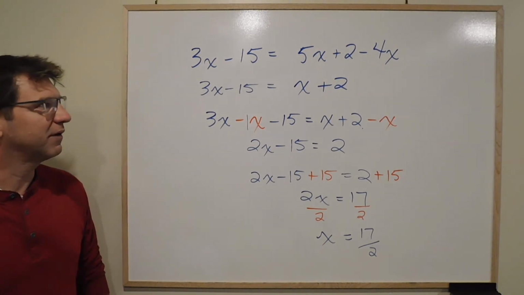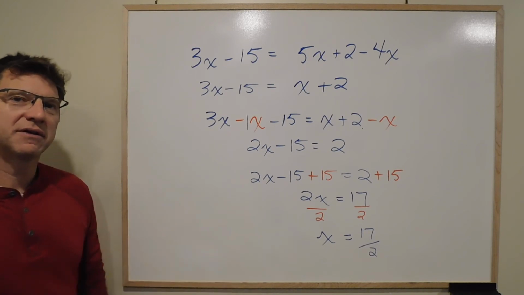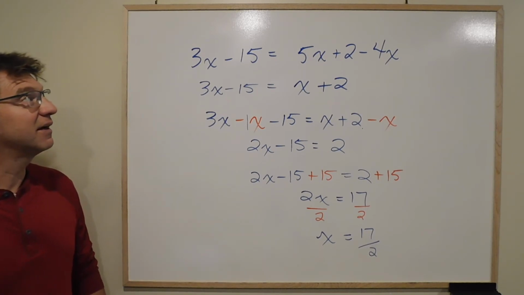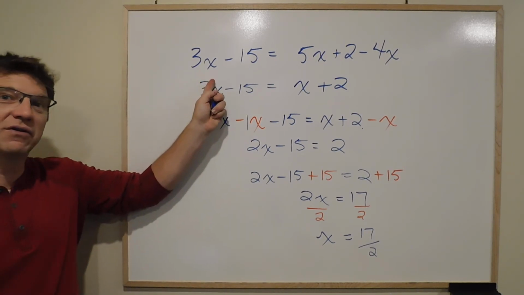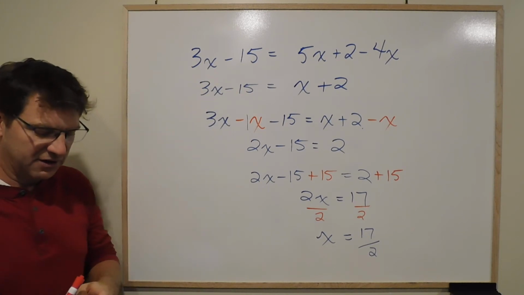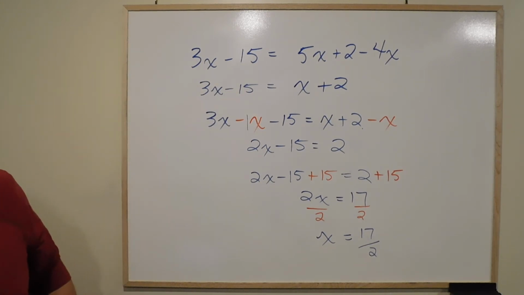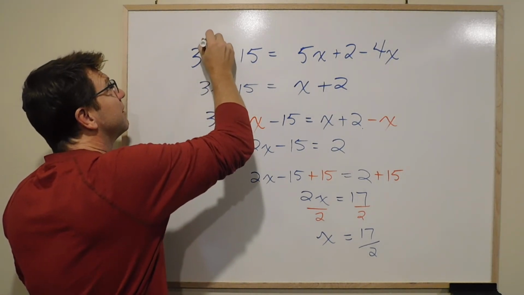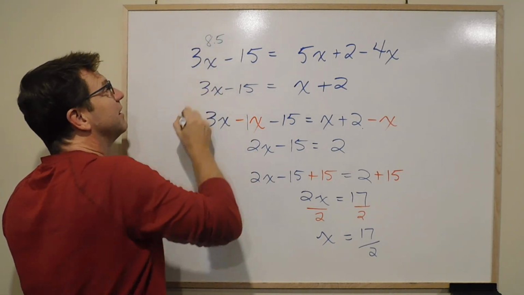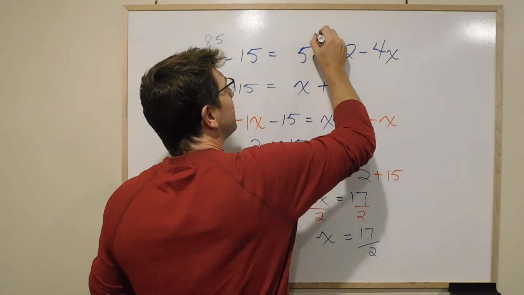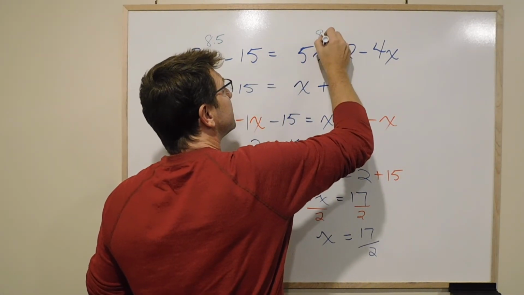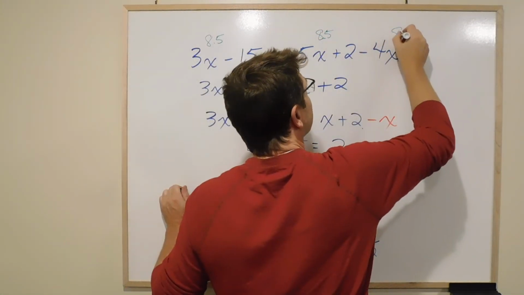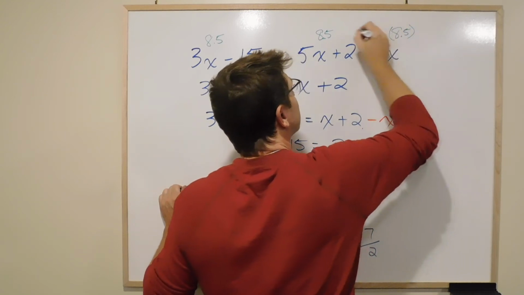Okay, 8.5. How do I know it's correct? Well, I would take the fraction 17 over 2, or maybe even easier, take the decimal 8.5, and I would put it in for x. I put 8.5 in here for x, I put 8.5 in here for x, and I put 8.5 in here for x.